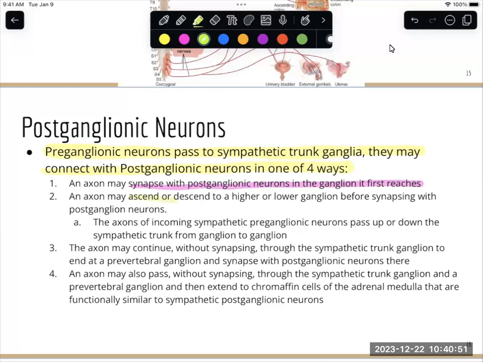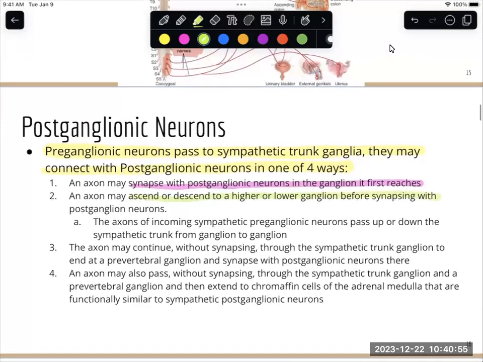It can ascend or descend to higher or lower ganglia before synapsing with that postganglionic neuron. It can continue through the sympathetic trunk ganglion to end at the prevertebral ganglion and synapse with a postganglionic neuron there.